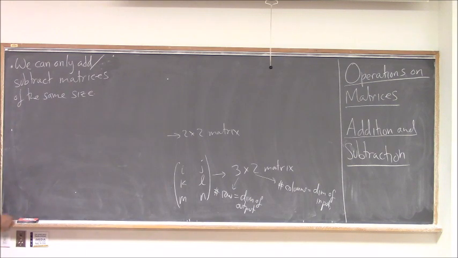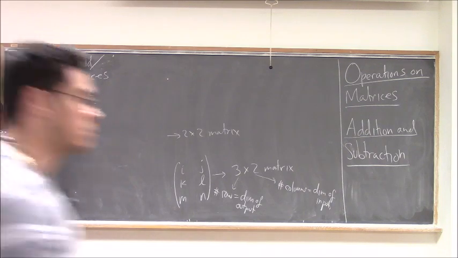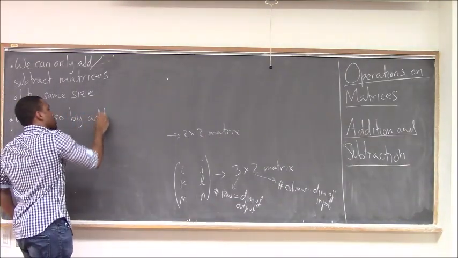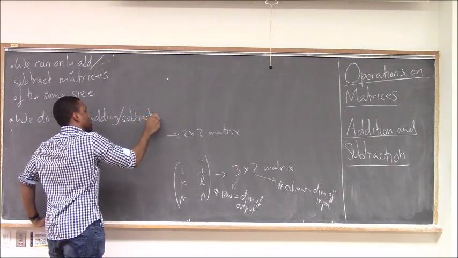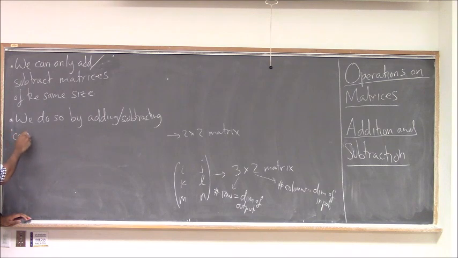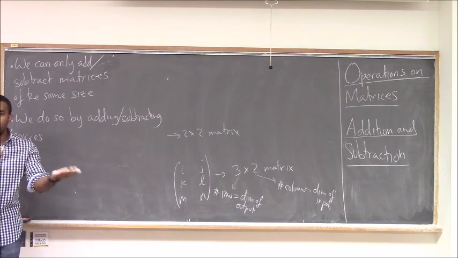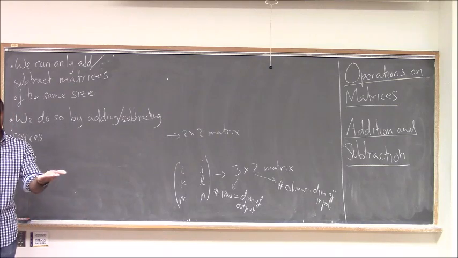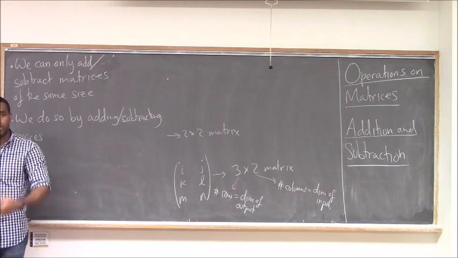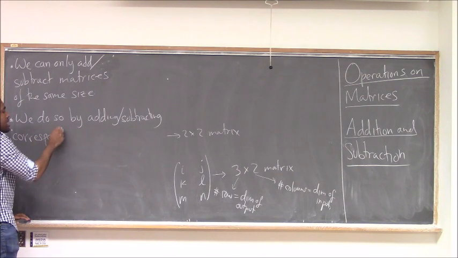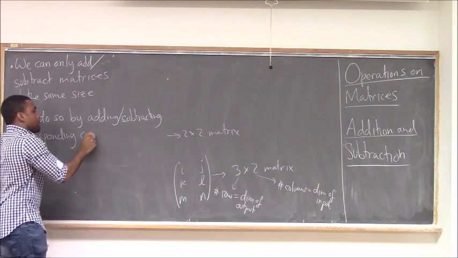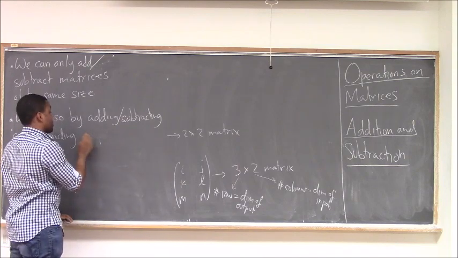So we can only add them at the same size, and we do so by adding or subtracting, whichever is called for, corresponding entries. Same way how when you add two vectors, you have to add the corresponding components, right? If I take a vector and add to another vector, I add all the first components together, the second components together, the third components together. So we add matrices by adding corresponding components, or entries.